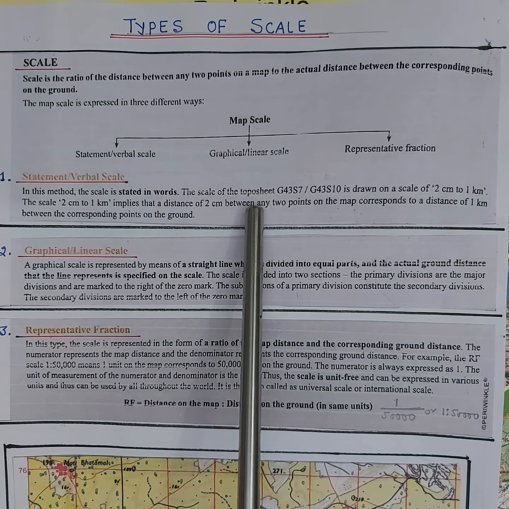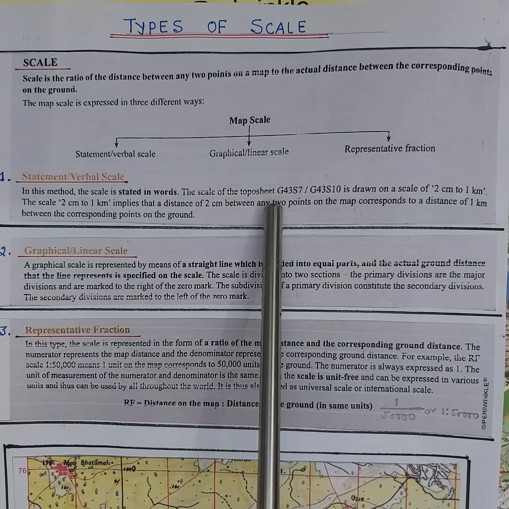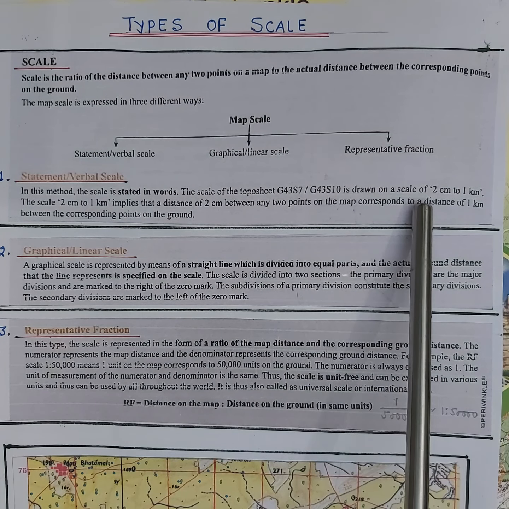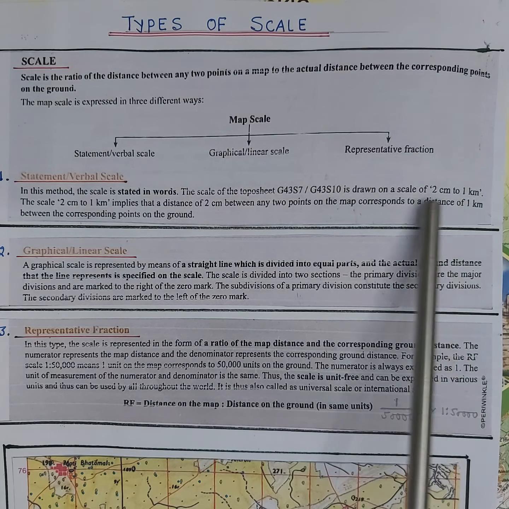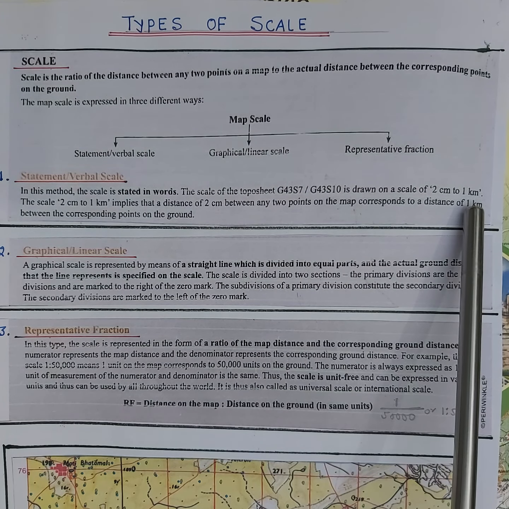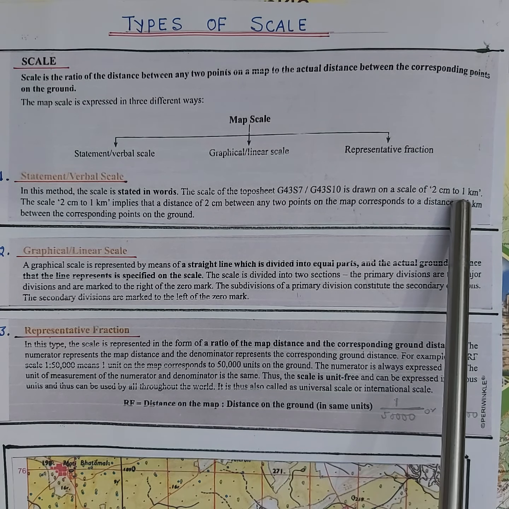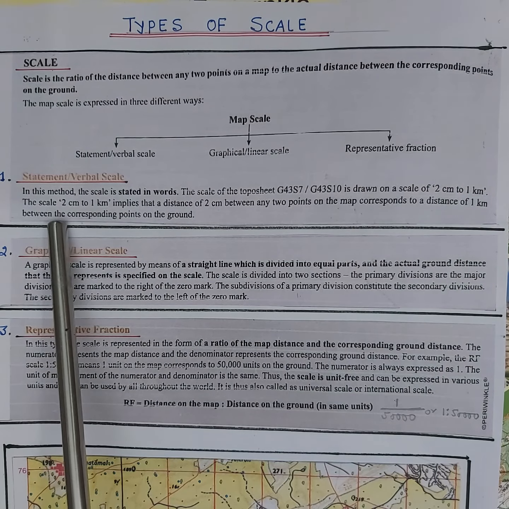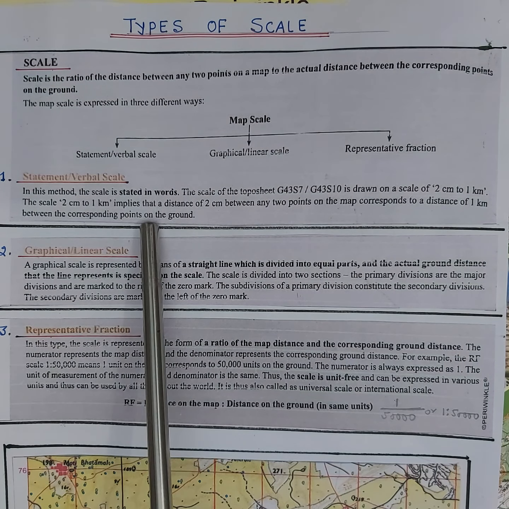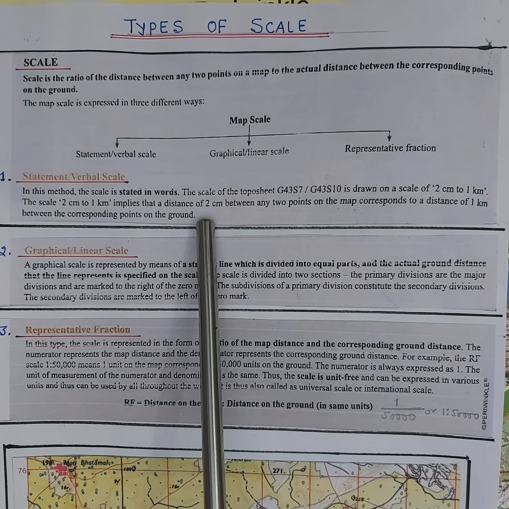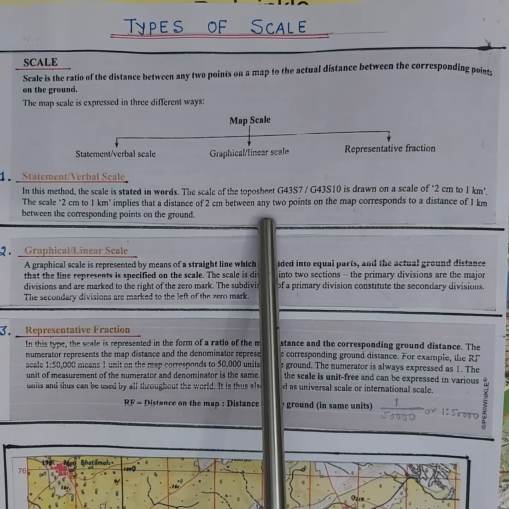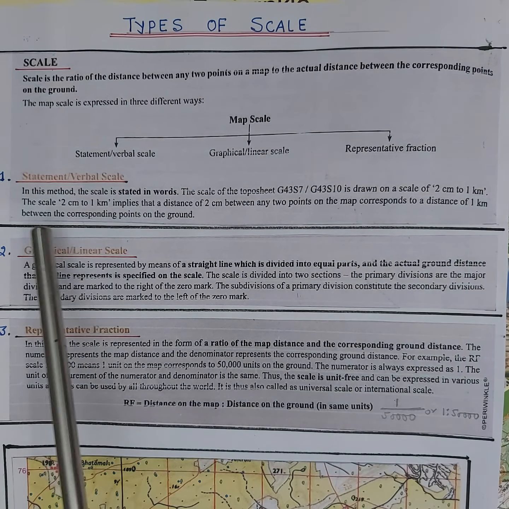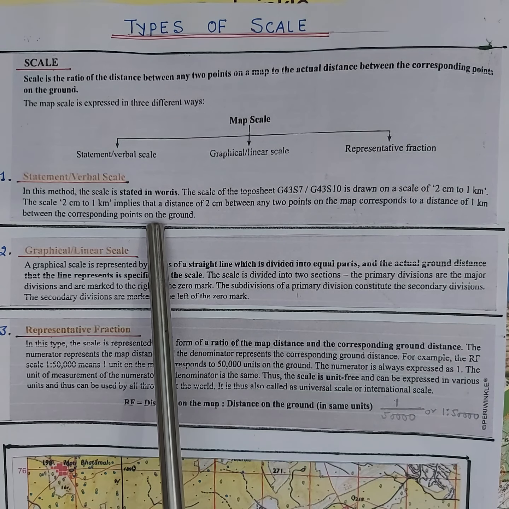The scale of the topo sheet like G43S7 or G43S10 is drawn on a scale of 2 centimeters to 1 kilometer. So it is a statement that 2 centimeters on the map are equal to 1 kilometer on the ground. So the scale 2 centimeters to 1 kilometer implies that a distance of 2 centimeters between any 2 points on the map corresponds to a distance of 1 kilometer between the corresponding points on the ground.